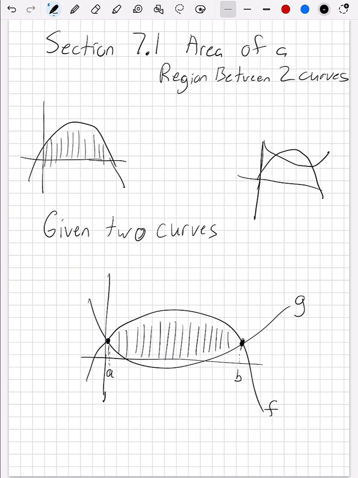We know that the area under F is represented by the integral of this. Well, the area under G is represented by this.